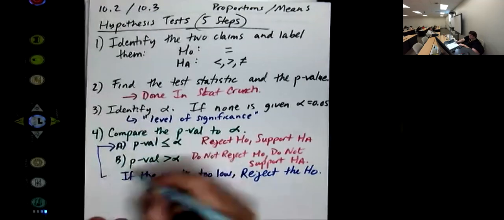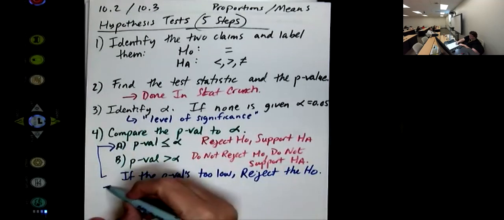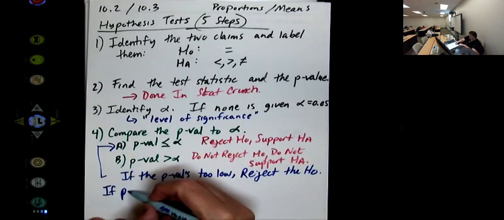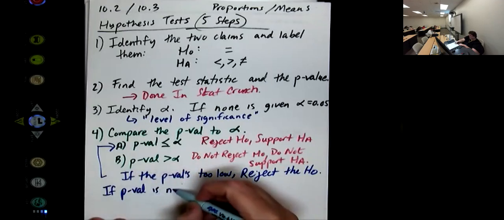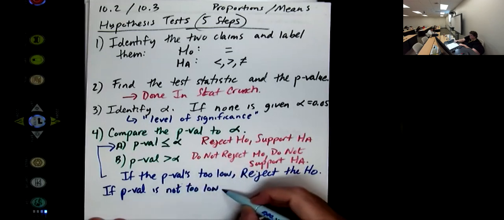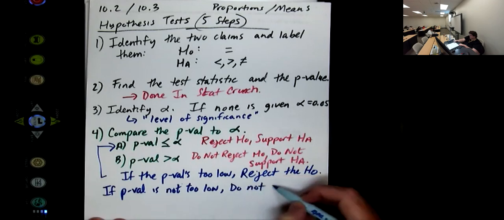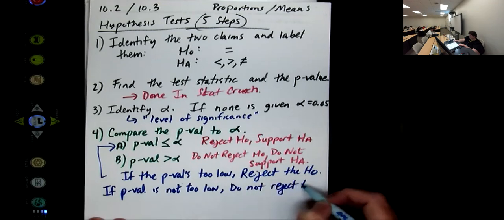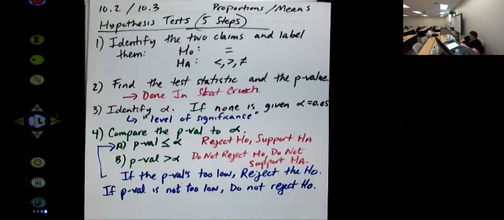But if you want a sentence for the other one: if it's not too low, do not reject H naught. Do not reject the hoe.